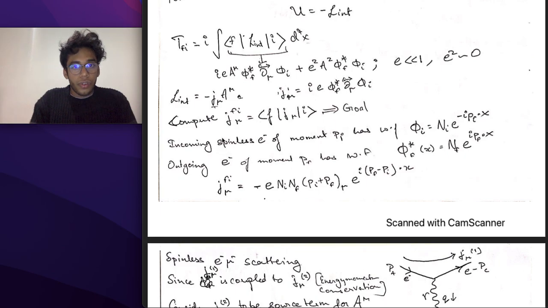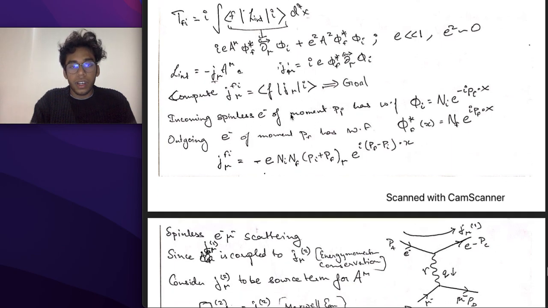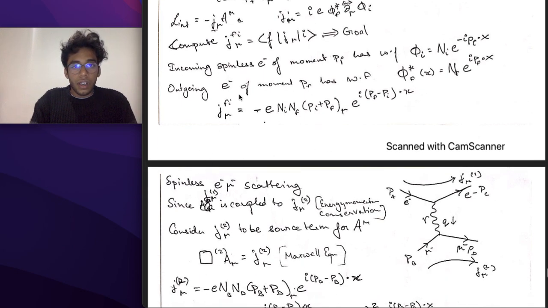So when you calculate this matrix element, you essentially want to consider an electron entering, which has the wave function u_i e to the power of minus i p_i x, and an outgoing electron which has the wave function u_f star e to the power of i p_f x, and then you have the current defined.